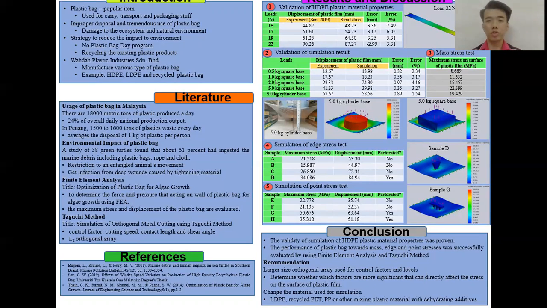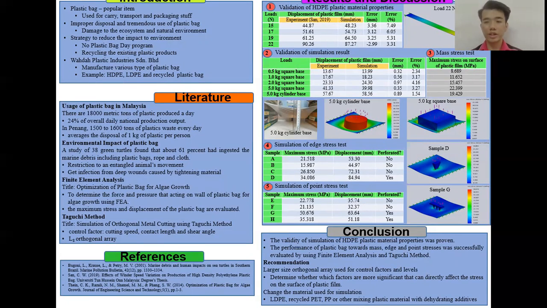But for the control factors of angle and edge length, it cannot be determined directly from the result because we also need to consider other factors. By comparing these 3 factors, I can say that the mass of the load is the most significant factor, followed by the edge length and edge angle.